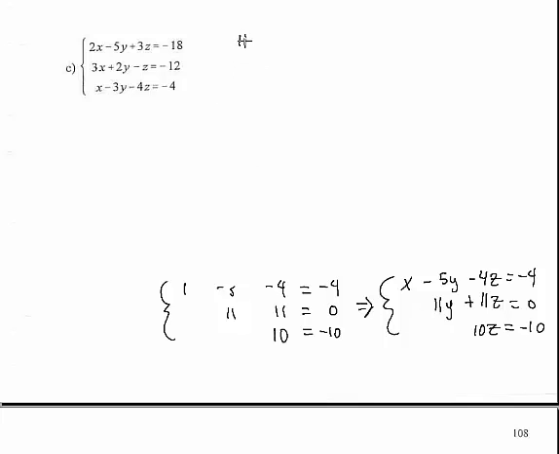So I take the third equation that only has one variable, I solve it for z, and I get a negative 1.